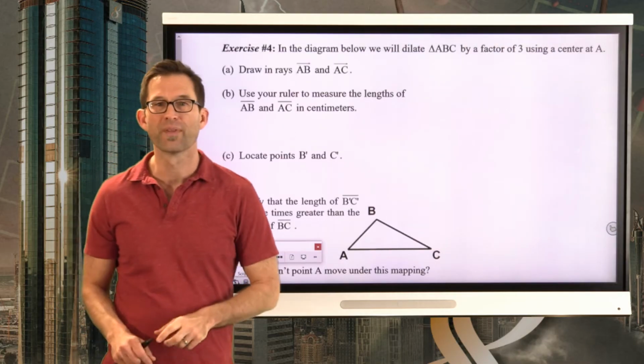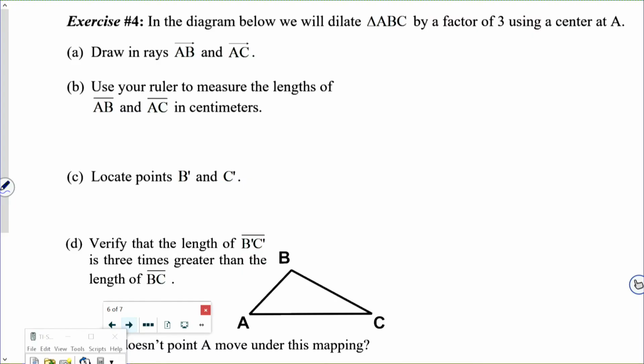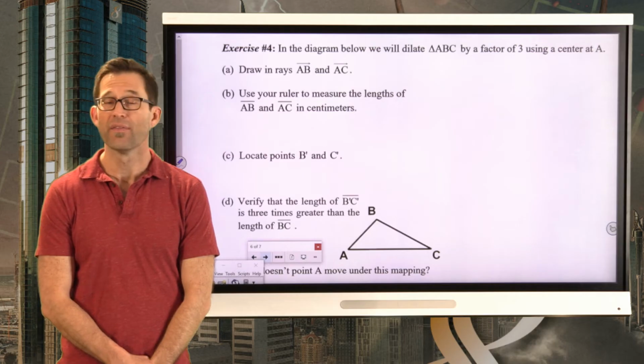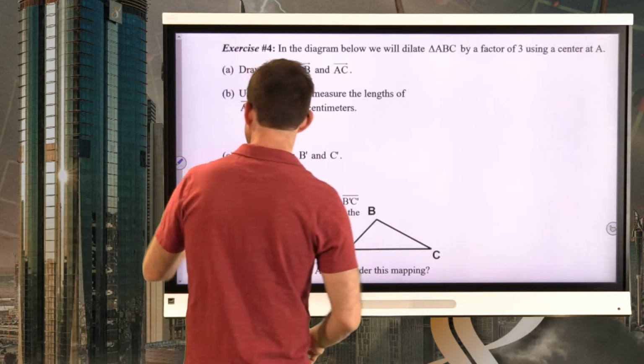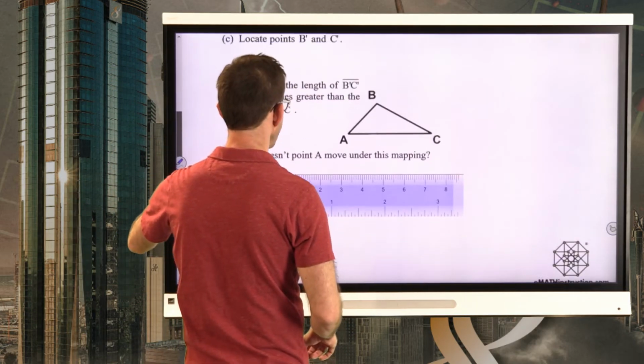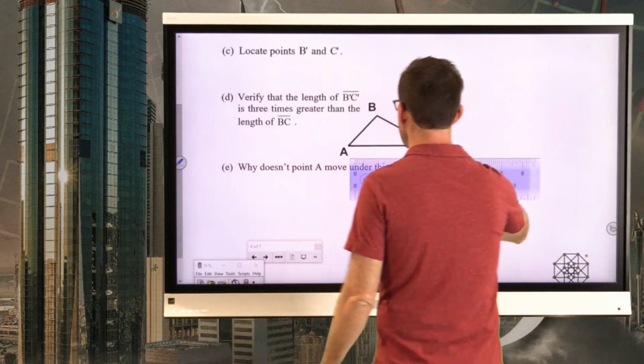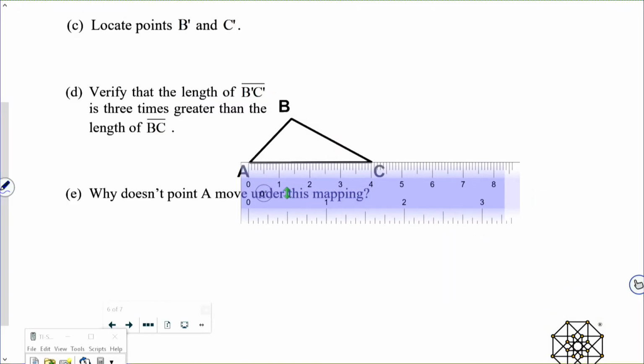One more problem. Exercise number 4. In the diagram below, we will dilate triangle ABC by a factor of 3 using a center at A. Letter A, draw in rays AB and AC. Okay, that's simple enough. Why don't we just do that together? Here's my ruler. Okay, so let's draw in ray AC.